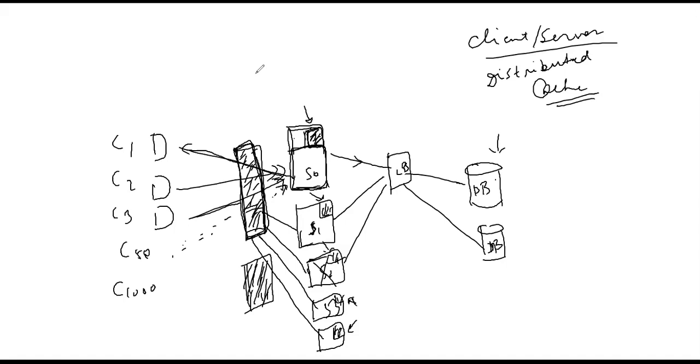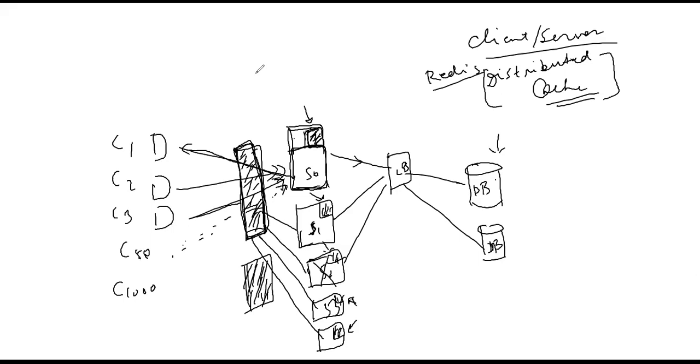Correct. So what you can have in this particular case is that you don't store the cache with you. That is one possibility. And then we can use a distributed cache, and how to build a distributed cache will be a question in itself. But for now, let's use something which is already built, something like Redis.